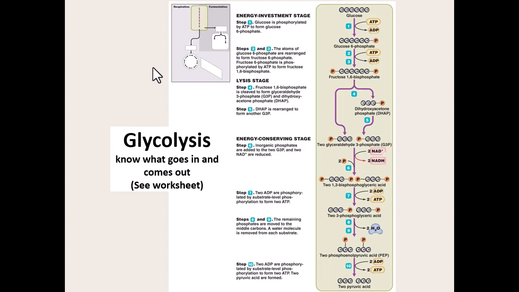Where does glycolysis happen in the cell? This happens in the cytoplasm. So this just happens in the fluidy portion of the cell. For what goes in, we have one single glucose molecule, and 2 ATP have to go in, because that's our activation energy.